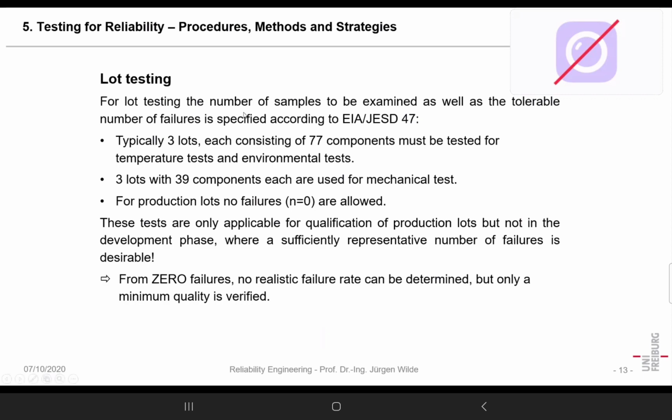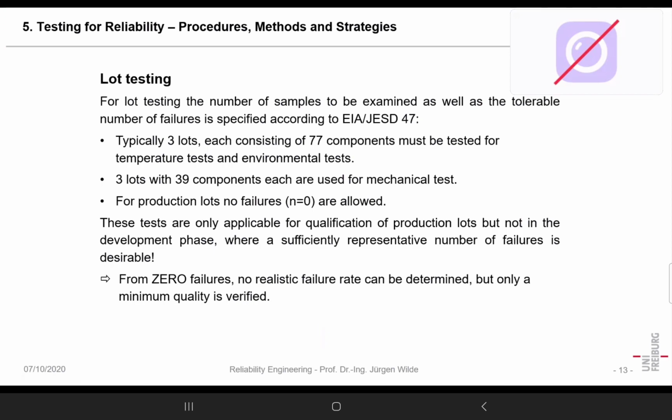I think the 77 and the 3 lots, it just comes, then we have some nice values for the chi-square distribution, and we have some values which are convenient, but in fact I don't really know how these were defined.